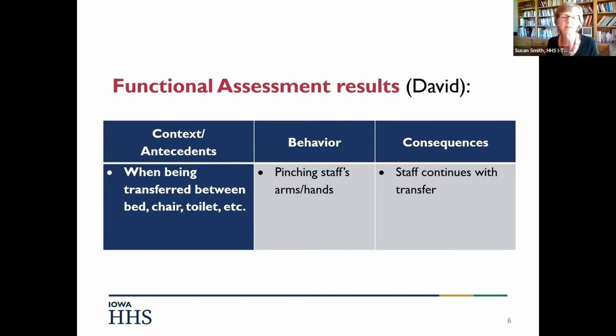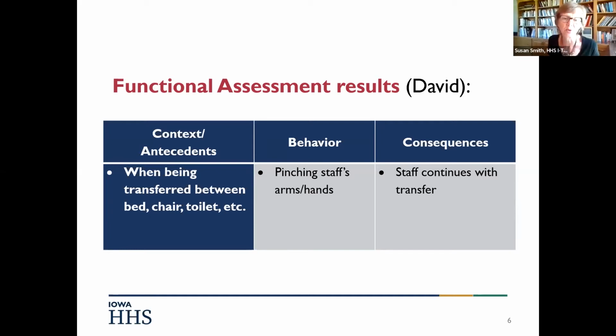And in behavior analysis, we have different ways to separate those out. I think for behavior analysts, it might be important to think about the differences. But for most readers of the BSP, just having one column there and calling it context or antecedents is sufficient. So we're going to look at two examples here.